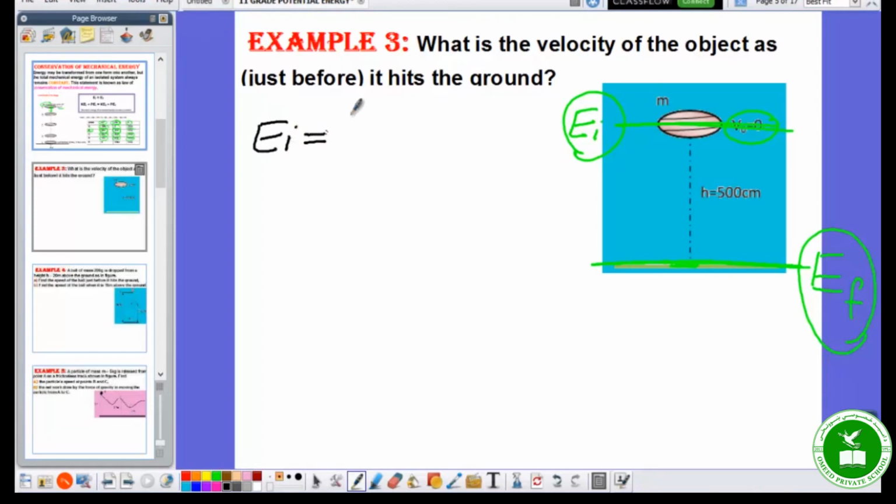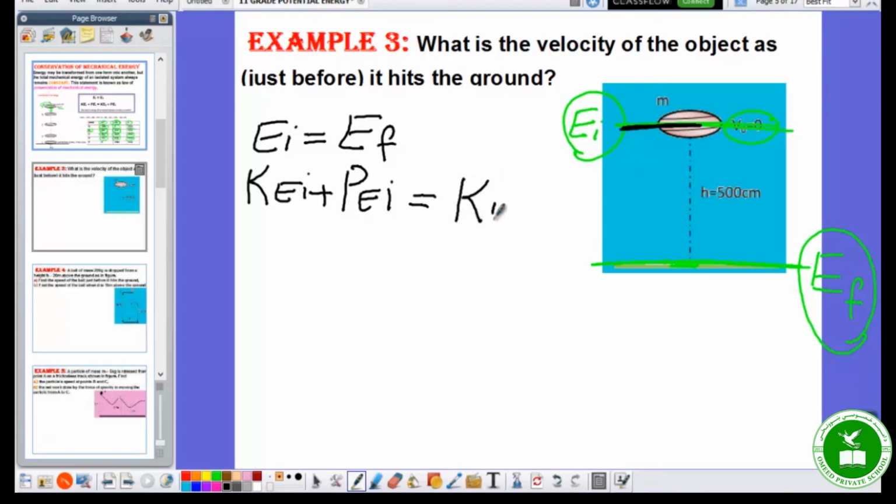Initial energy should be equal to final energy. Here at this level we have two different energies, one potential energy, another kinetic energy. Then initial kinetic energy plus initial potential energy should be equal to final kinetic energy plus final potential energy. At this level kinetic energy is 0, so this expression becomes 0 because initial velocity is 0.